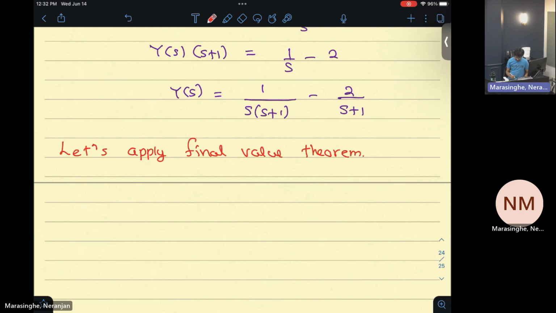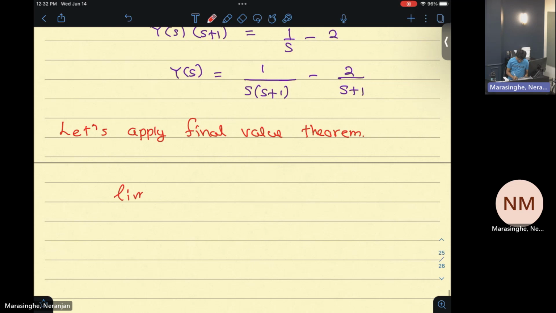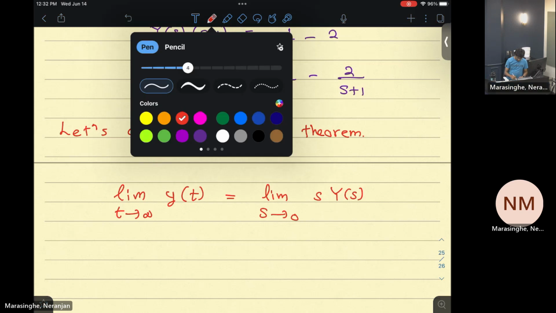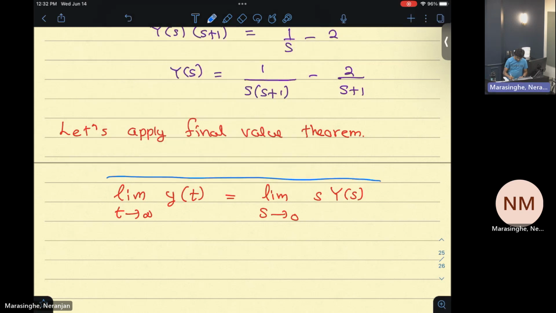What does it say? It says that the limit as t goes to infinity of y(t) is equal to the limit as s goes to 0 of sY(s). This is important. This is the statement of the final value theorem.